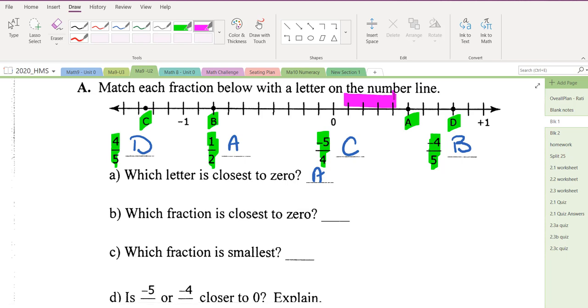Okay, which fraction is closest to the 0? That means, Isaiah? 1 over 2. Okay, which fraction is the smallest? Okay, Karnveer? Negative 5 over 4. Negative 5 over 4 means which one's the furthest to the left? That's what this question is saying. Okay?